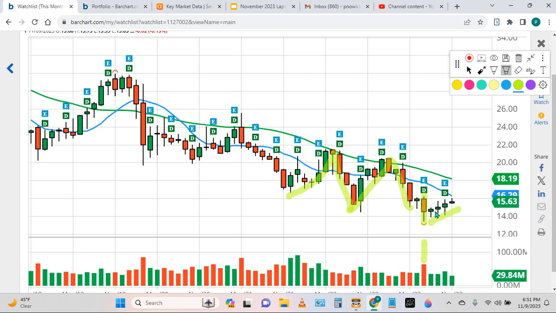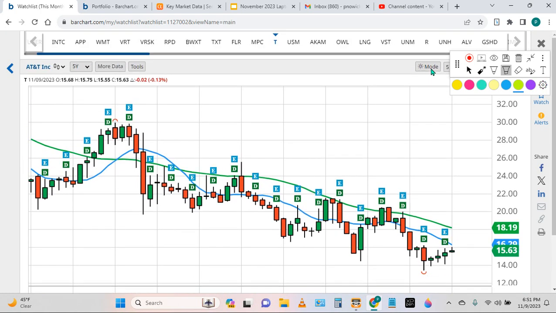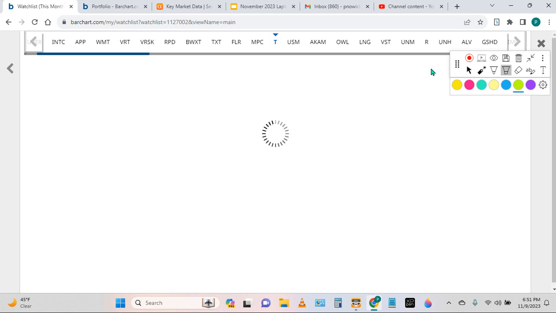So it's still technically in a downtrend, but there are some signs of life for AT&T, indicating that while the buying isn't extreme, the buying isn't very aggressive, there has been some steady buying of AT&T, and it also shows a lack of commitment from sellers to continue to sell AT&T. So it's possible the bottom is in AT&T. Again, that's not confirmed, but one to watch.